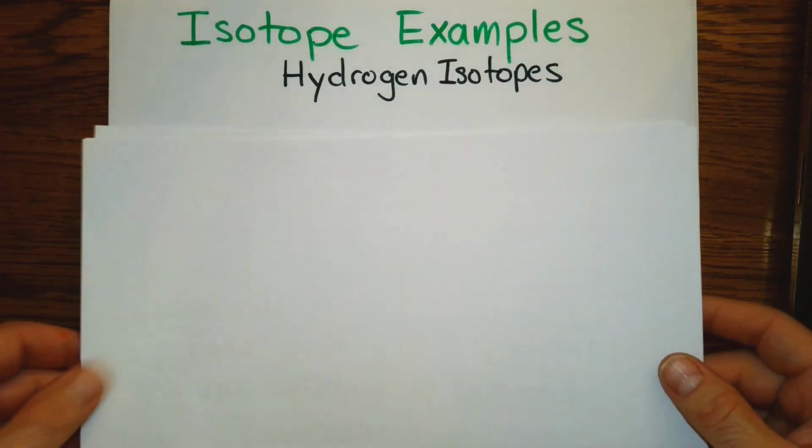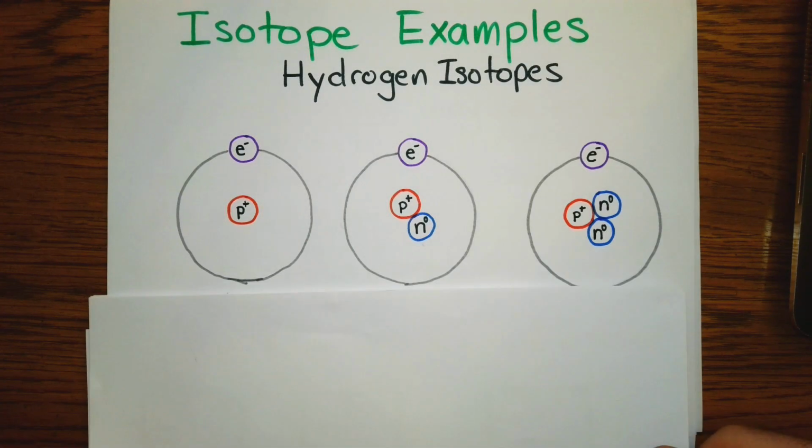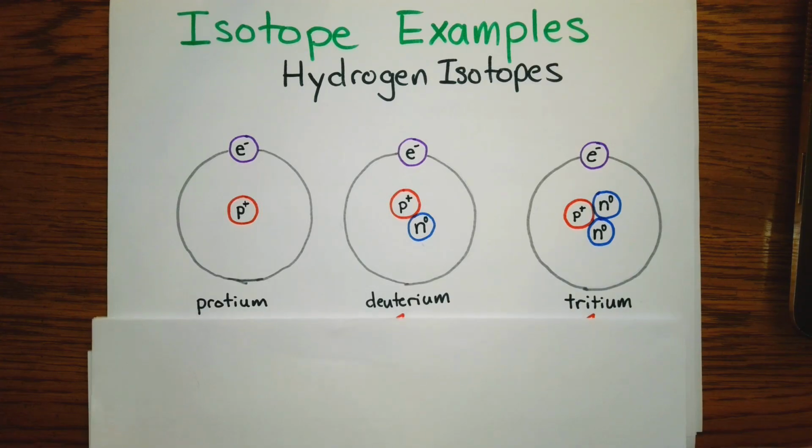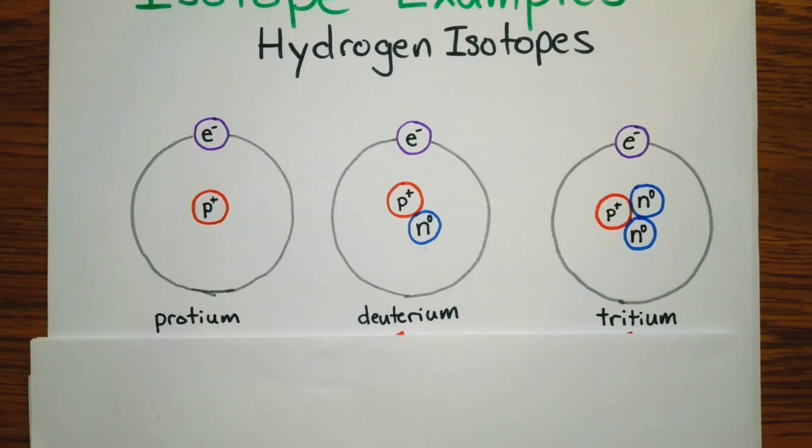Okay, so here are some examples of different isotopes of hydrogen. In this case, we have protium. This is the most common hydrogen. It is like 99.98% of the hydrogen on planet Earth. It consists of 1 proton. The next one is called deuterium.